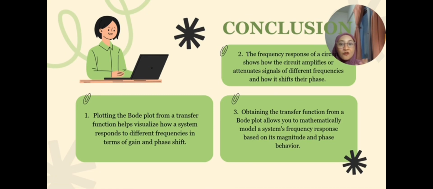Secondly, the frequency response of a circuit shows how the circuit amplifies or attenuates signals of different frequencies and how it shapes their phase. And thirdly, obtaining the transfer function from a Bode plot allows us to mathematically model the system's frequency response based on its magnitude and phase behavior.